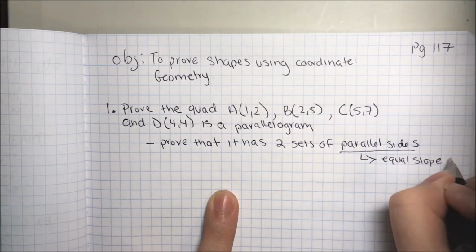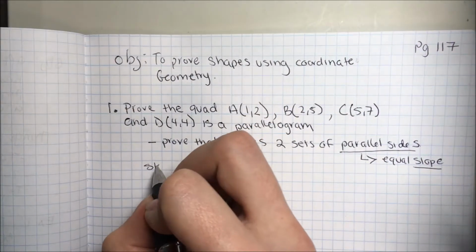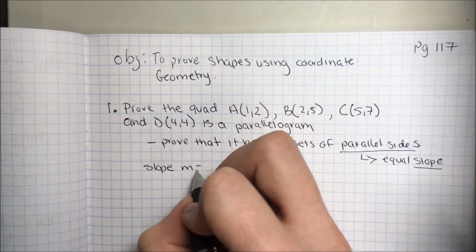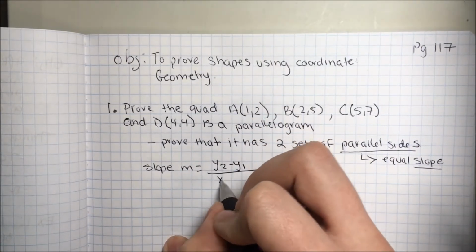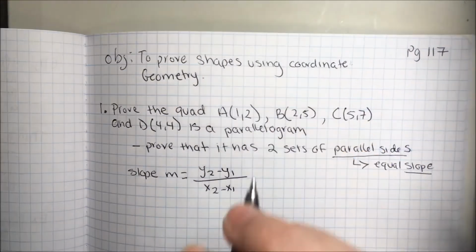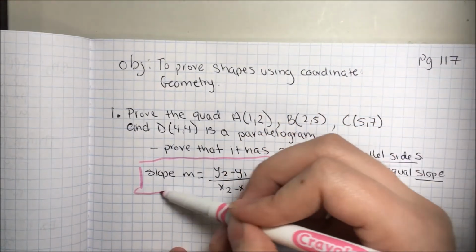So we're going to be using our slope formula. So slope is equal to y2 minus y1 over x2 minus x1. That's what we're going to be using.